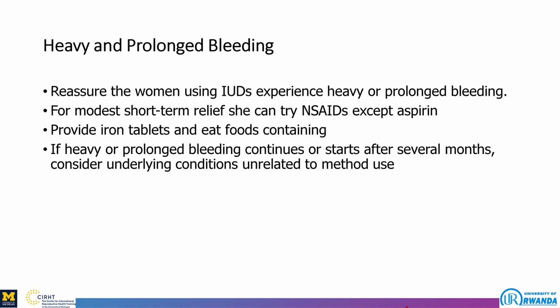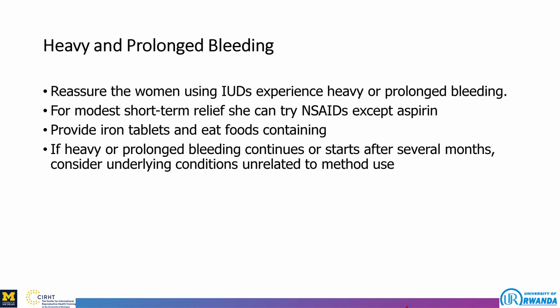Now, if, for example, the adverse event is due to heavy or prolonged bleeding, what can we do? The first thing we have to do is reassure the woman. Most times, women that have an intrauterine contraceptive device may experience heavy or prolonged bleeding.